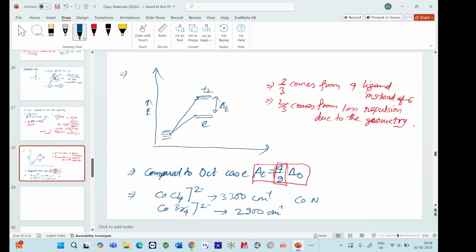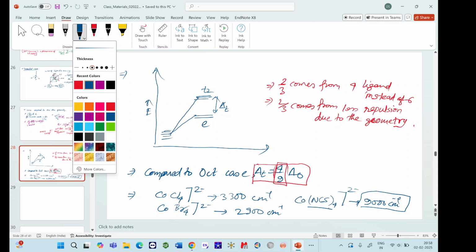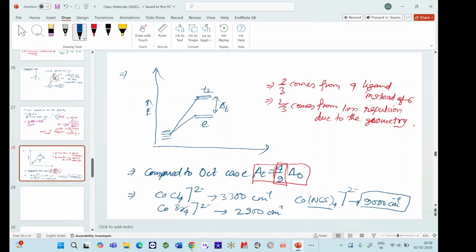And if you have some strong field ligand also, it comes in the range of 9000 centimeter inverse. So you can see even with a strong field ligand, your splitting is much less because of the geometry, and that is why you will always have high spin complexes.